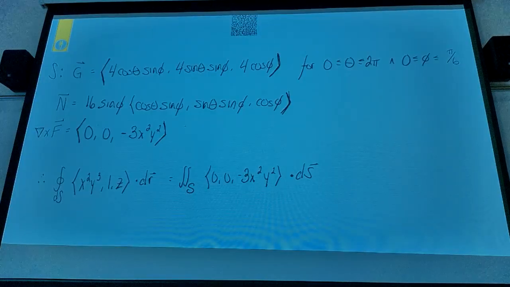There's the Stokes theorem statement. Circulation of F dot dr around the boundary of S is just the integral over S of the curl of F dot dS.